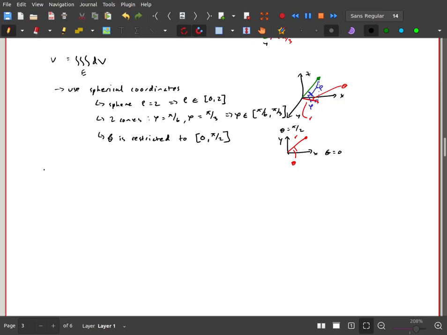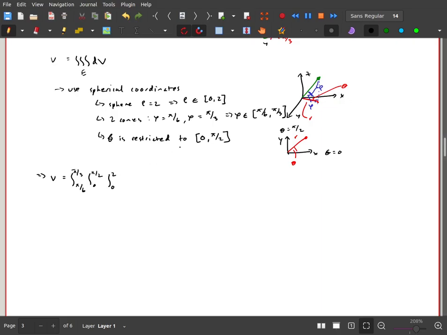So if we put everything together and make sure that we are integrating in spherical coordinates, we'll put the limits on phi last. That will be, we'll go from pi over 6 to pi over 3, then theta, 0 to pi over 2, and rho will be between 0 and 2.